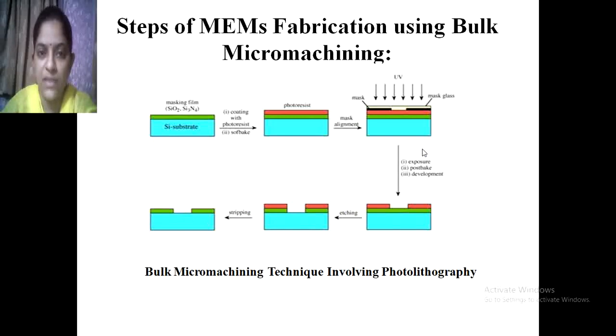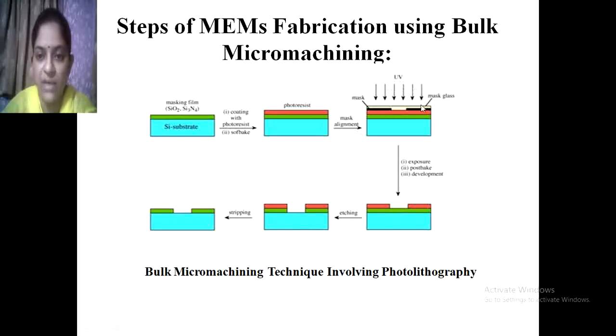So let us see the types of MEMS fabrication. The first technique is bulk micromachining, which involves photolithography. The first step is the masking film, then coating with photoresist, along with mask alignment.